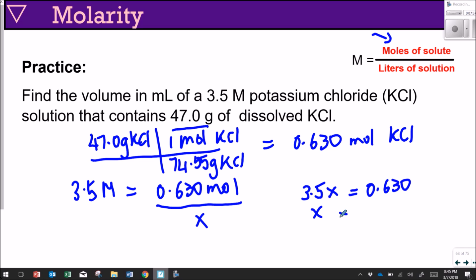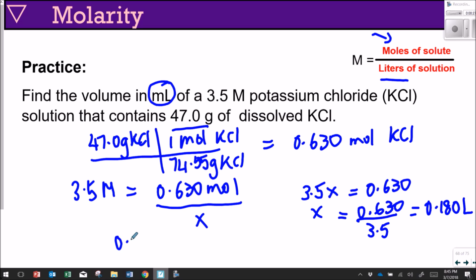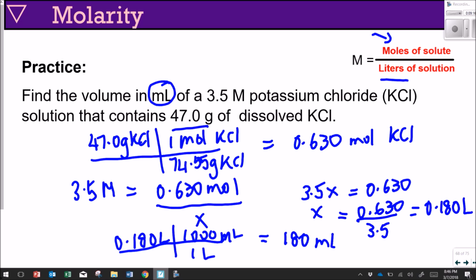So X equals 0.630 divided by 3.5, and I get 0.180 liters, because it's liters of solution in my formula. But my question asked me to find the volume in milliliters, so I need to convert that. I say 0.180 liters, 1 liter is 1,000 milliliters, and I get 180 milliliters.